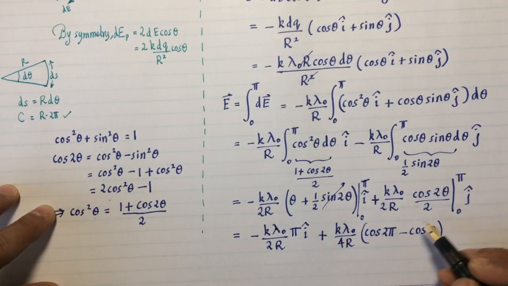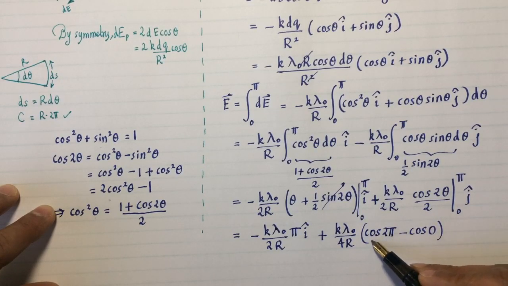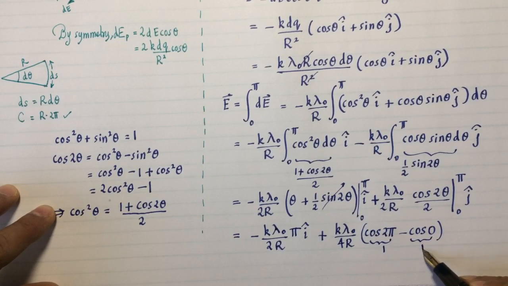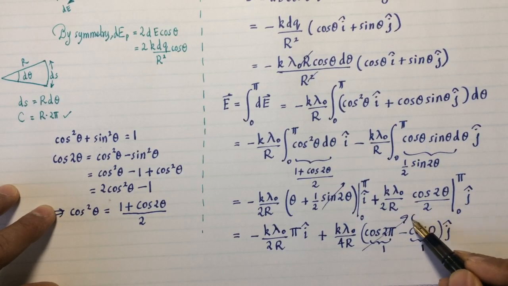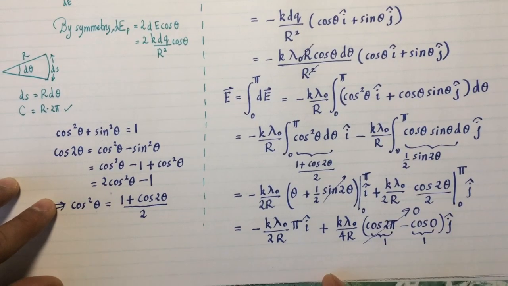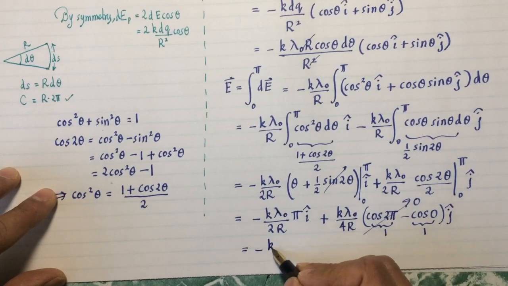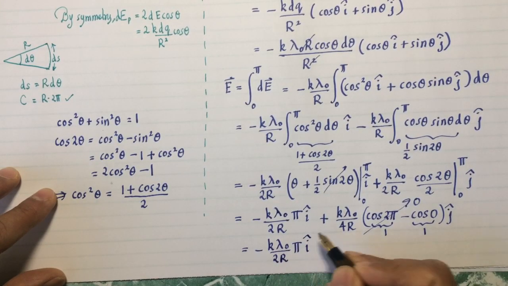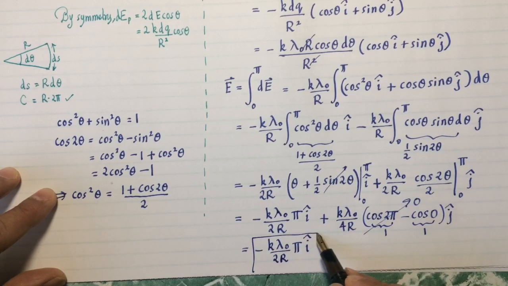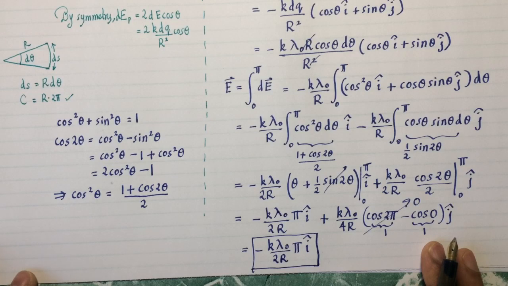Cosine of 2 pi and cosine of 0 are the same. They're equal to 1 each. So this is 1 minus 1, or 0. And we correctly recover the result that you only have an i component and no j component, which is consistent with our expectations from the symmetry argument.